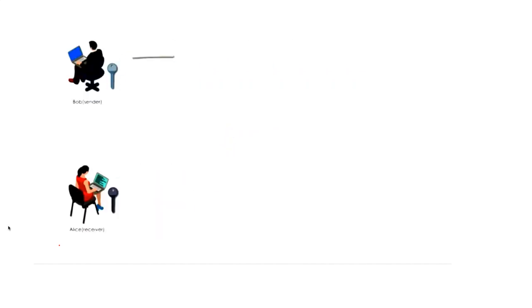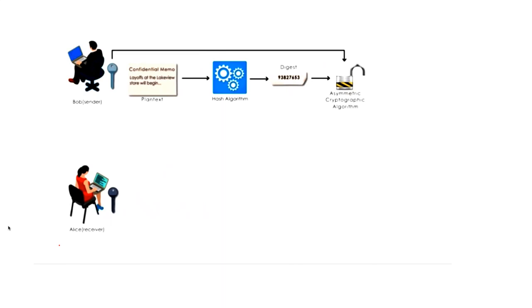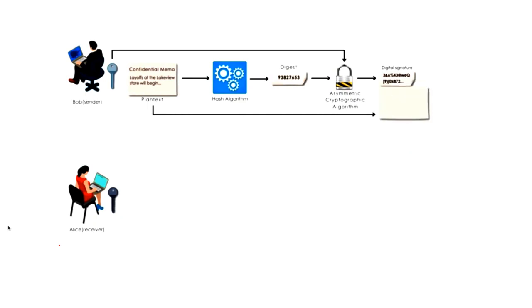Then the sender will take the plain text and that plain text is given as an input to the hash function. So it will generate the digest. Now this digest is given as an input to the asymmetric key algorithm with the private key of Bob, so it generates a digital signature.